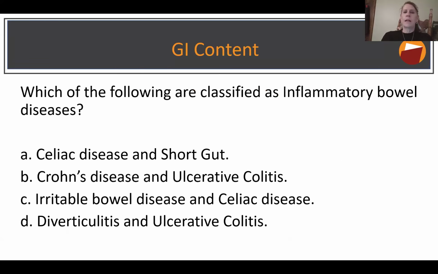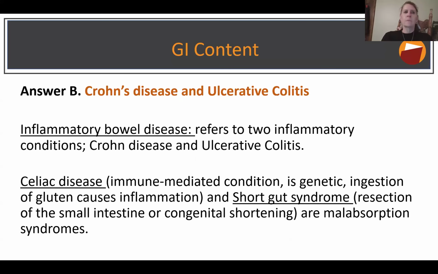Which of the following are classified as inflammatory bowel diseases? This would be Crohn's disease and ulcerative colitis. Inflammatory bowel really refers to those two. Celiacs, as you know, is when you can't ingest gluten.